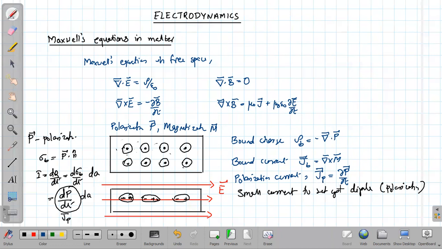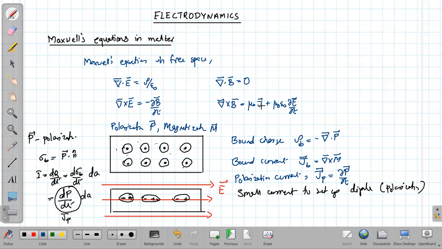It's called the polarization current. This polarization current would be a very small current, but it will also be present when we apply an external electric field, because there will be motion of charges in order to set up the polarization or the induced electric dipole. So that will lead to a small current, called the polarization current Jp.